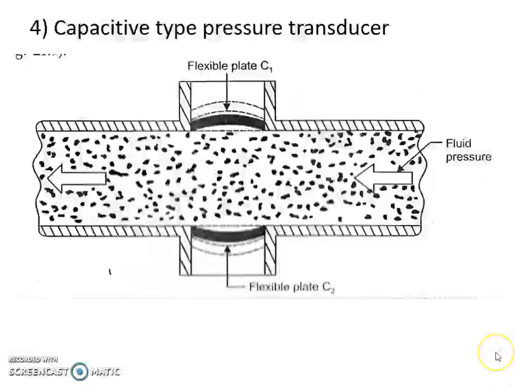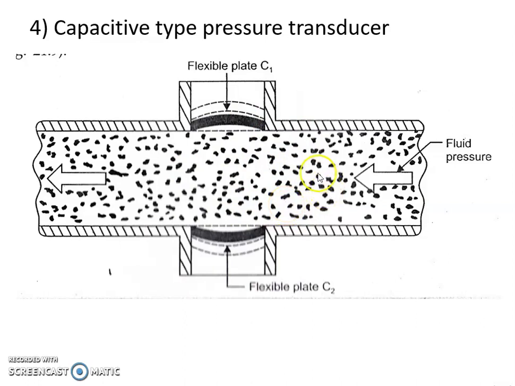Now let us see the fourth type of electrical pressure transducer, the capacitive type pressure transducer. In case of capacitive type pressure transducer, the applied pressure is measured in terms of change in the capacitance of the capacitor. This is the diagram of a capacitive type pressure transducer.